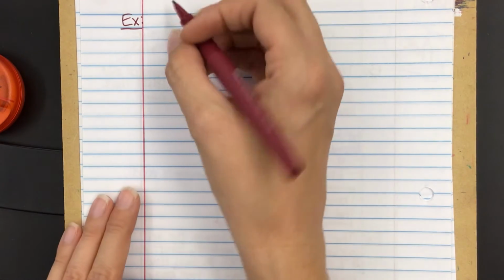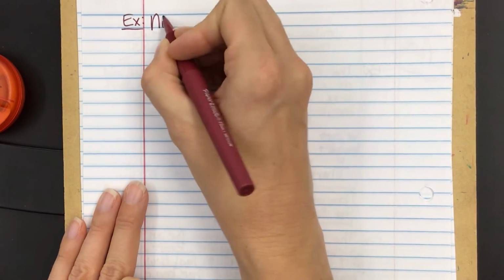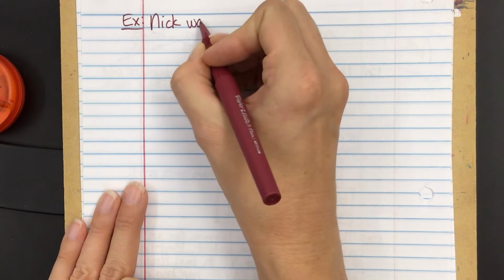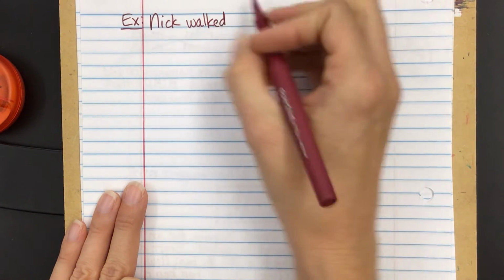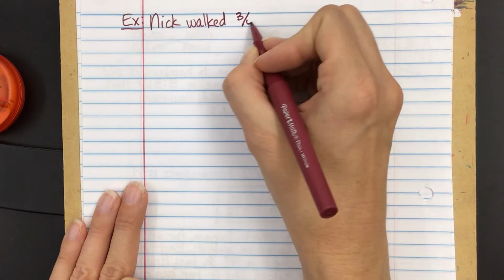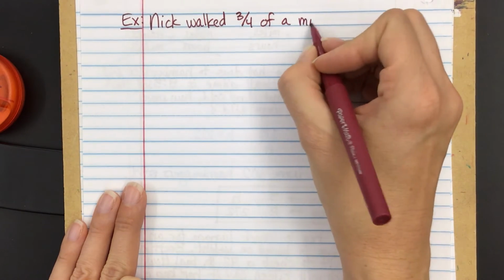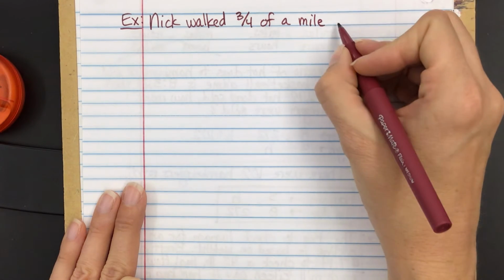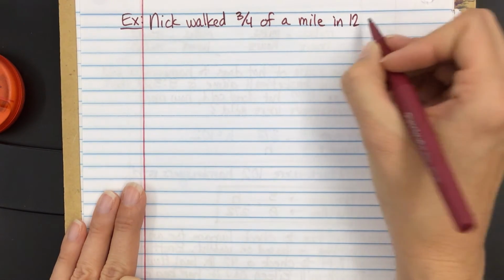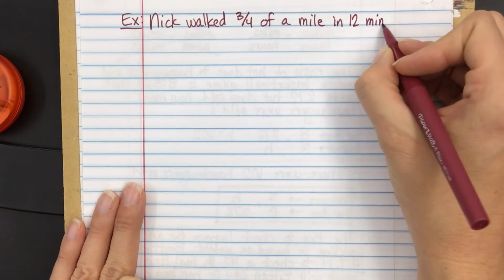Okay, so Nick walked 3/4 of a mile in 12 minutes.